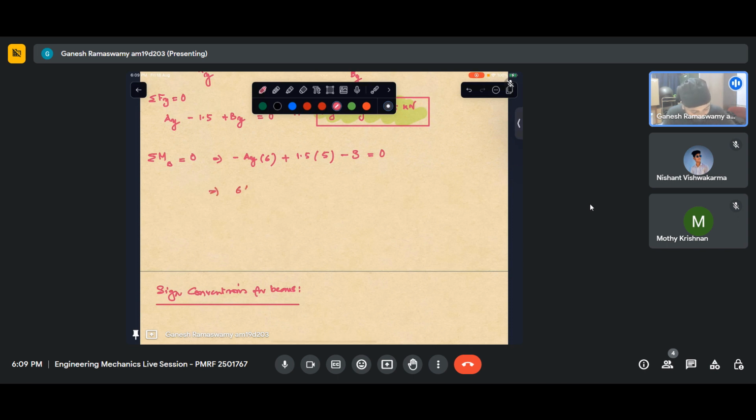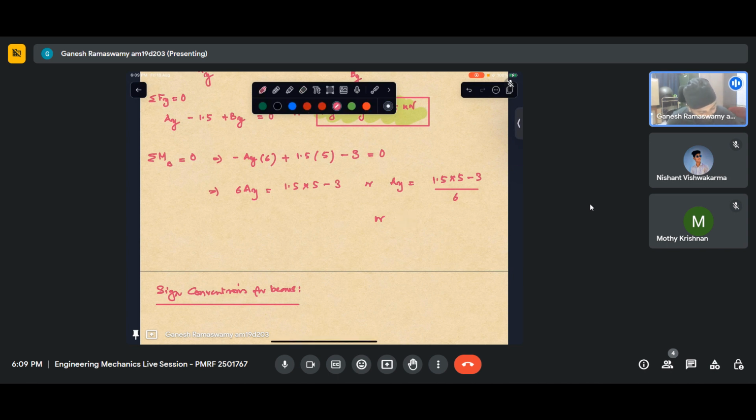So this gives me 6Ay equals 1.5 into 5 minus 3, or Ay is 1.5 into 5 minus 3 divided by 6. So what does Ay come out to be? It is 0.75 kilonewton.